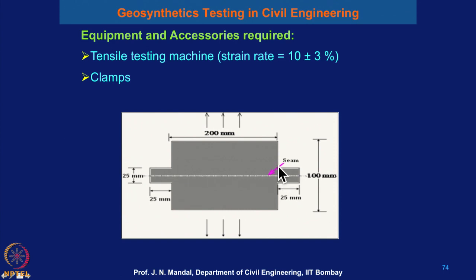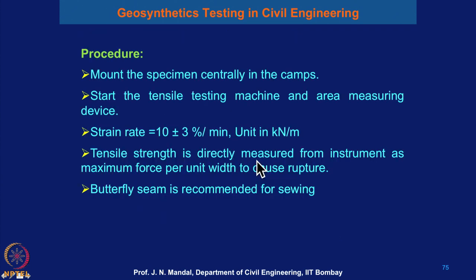As you know, in case of tensile strength of the geosynthetics, the size is about 100 millimeter by 200 millimeter, but in this case two geosynthetic materials are stitched here. So, it is seamed here, about 25 millimeter and 25 millimeter projected, and this is the stitching, and then you perform the tensile strength test of the geosynthetics material.